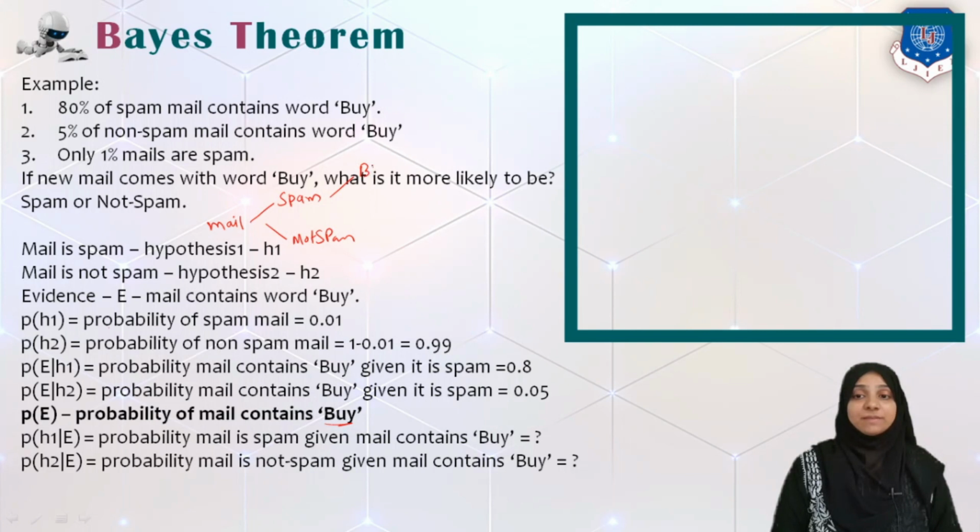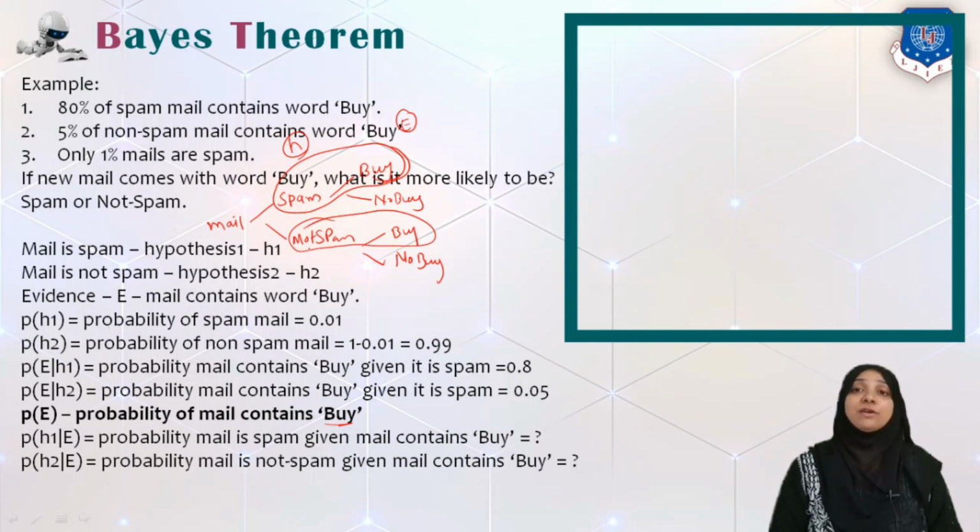Within spam, there can be the word "buy" or there cannot be. Within non-spam also, there can be the word "buy" and there can be no "buy". So spam and not spam are our hypotheses, and "buy" and not "buy" are our evidence E. If I want to calculate E, I want to count those mails which have the word "buy" and are spam, and those mails which contain "buy" and are not spam.